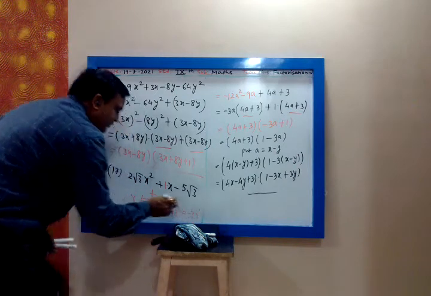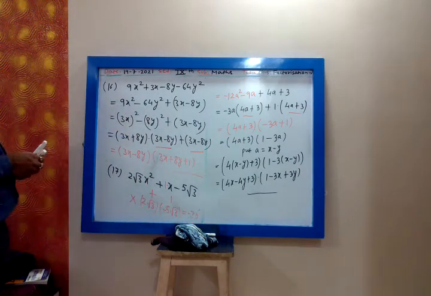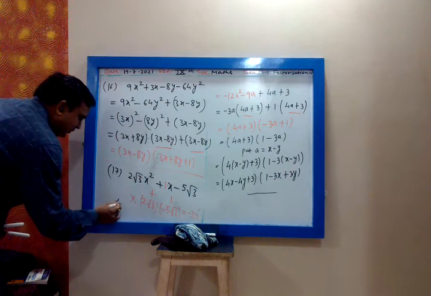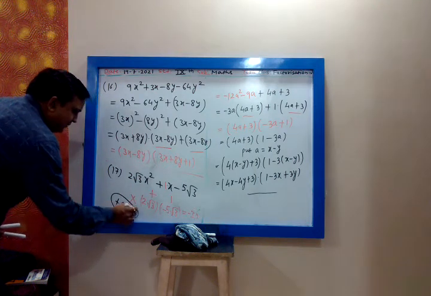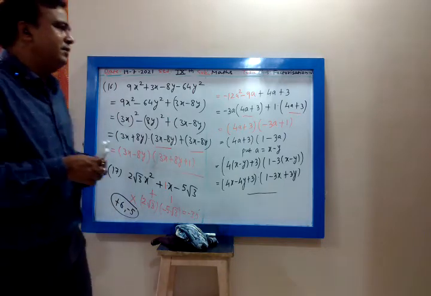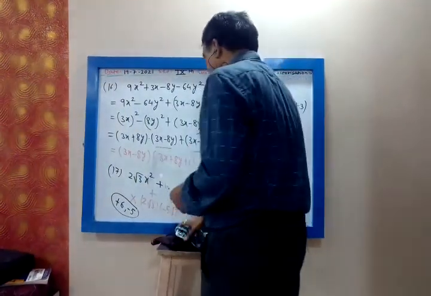So find two numbers whose sum is 1. So plus 6 and minus 5. When you add, you get 1. When you multiply, you get minus 30.